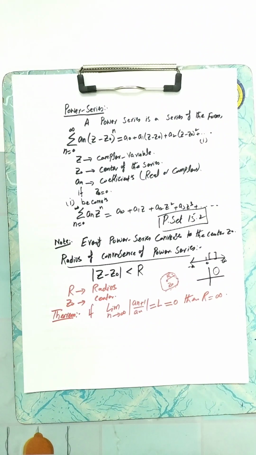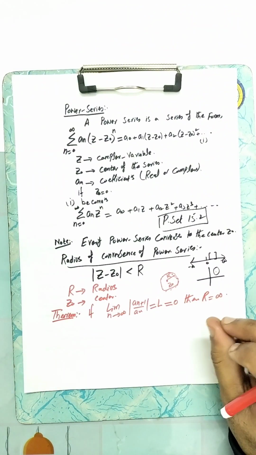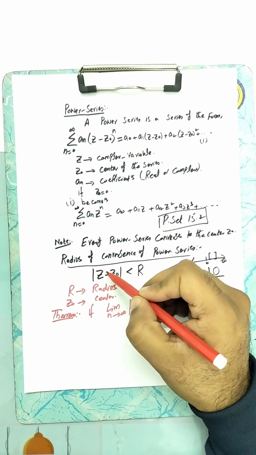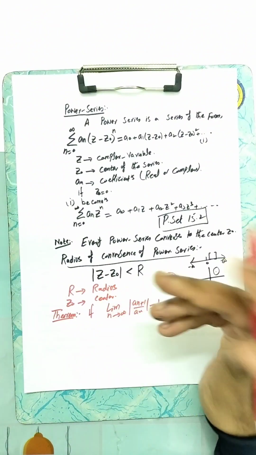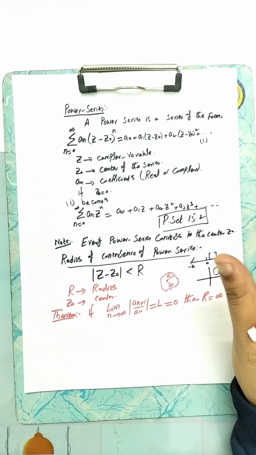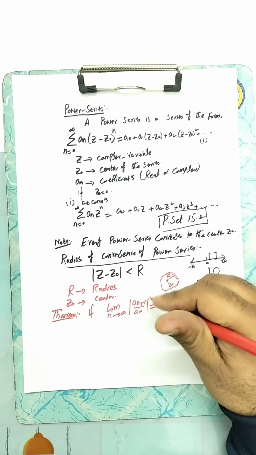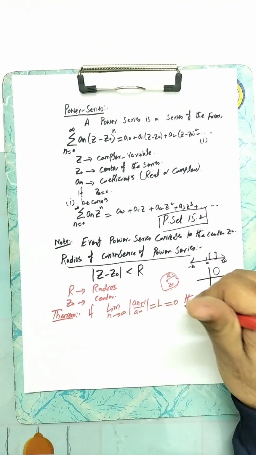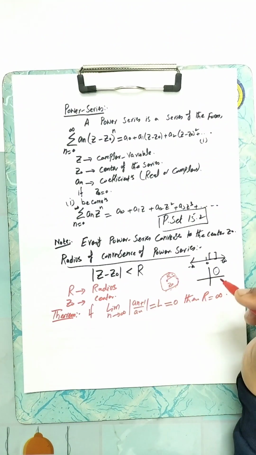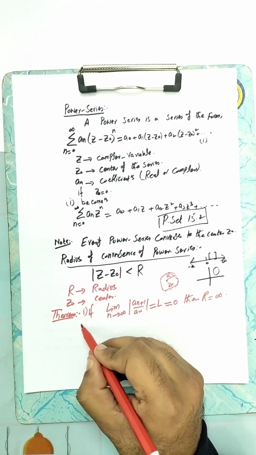What is the meaning of infinity? Infinity means this series converges for all z. If we choose any z from the domain, then the series converges.